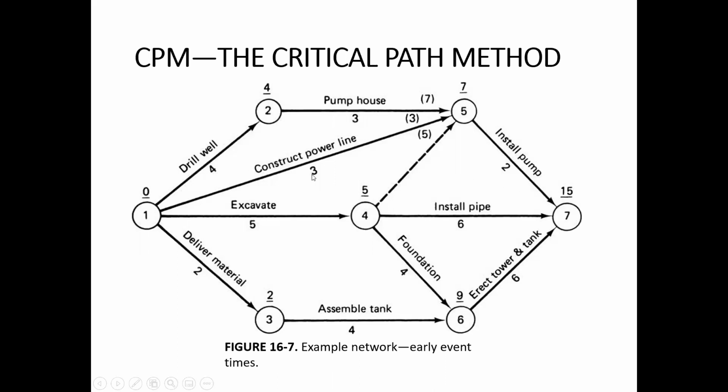But for this activity, construct power line, it needs only 3 weeks to complete. But it can start anywhere between 0 and 7 weeks, because the start and finish of this activity depend on events 1 and 5.